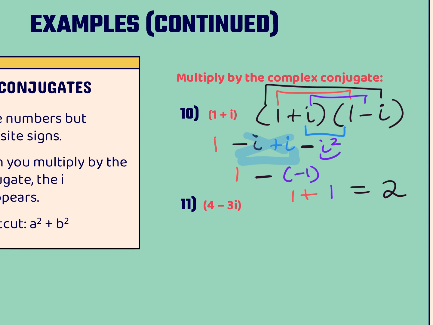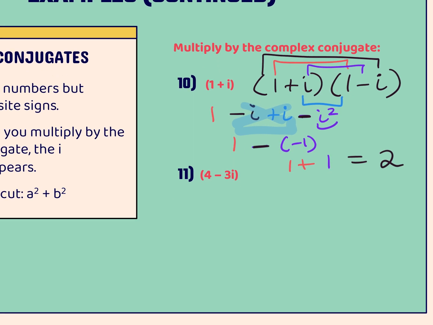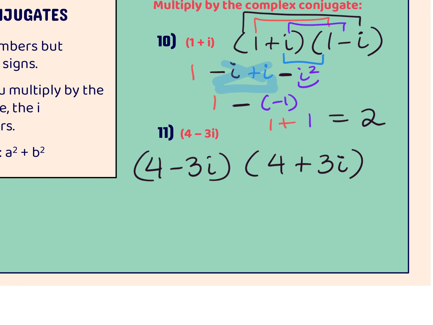Let's try the next one. I'm going to rewrite the original. The complex conjugate, same numbers, but opposite sign. And now if you just want to do first and last as a shortcut, this would be the shortcut. Do first, you get 16.